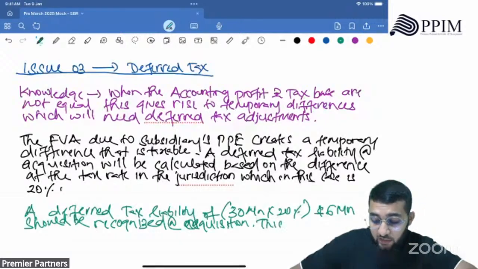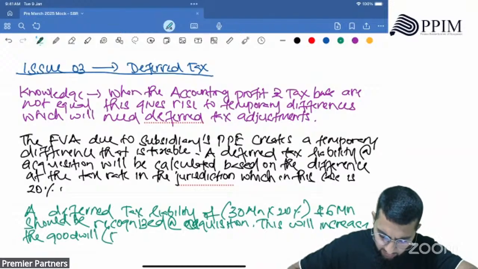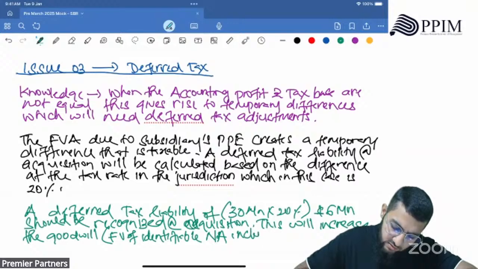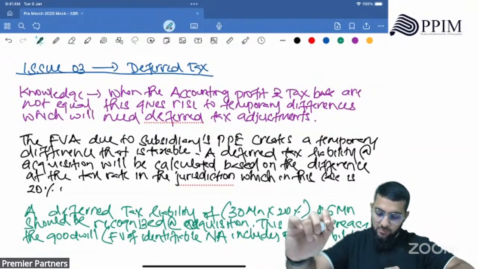This will increase the goodwill. Why? Fair value of identifiable net assets includes fair value of liabilities. That's in the brackets. That's for explanation purpose, right?